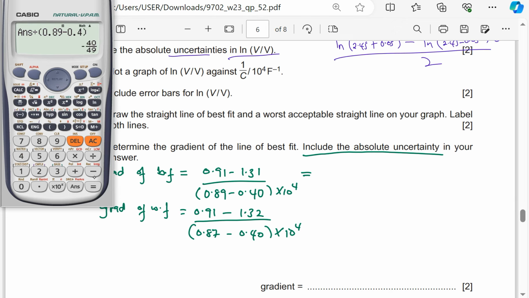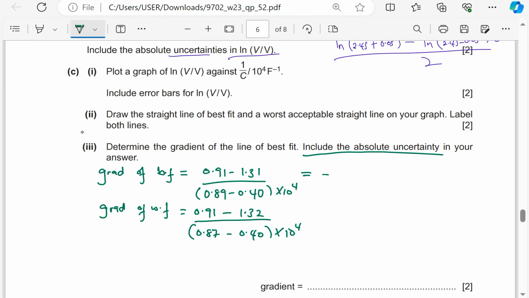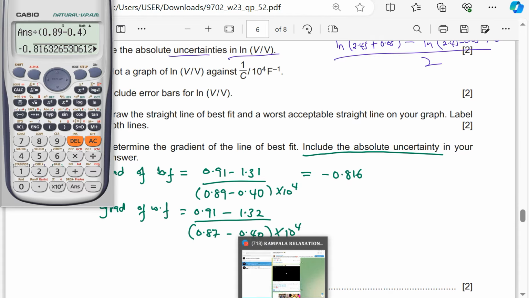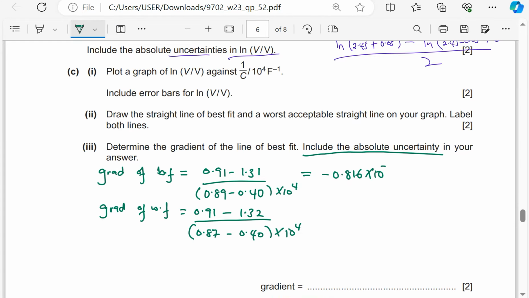Of course, remember there is times 10 to the power of 4 in the denominator, so it is going to be times 10 to the power of negative 4. So this becomes negative 0.816, where the whole figure is recurring, times 10 to the power of minus 4. Here, it will also be times 10 to the power of minus 4.